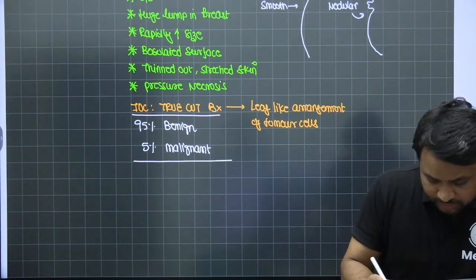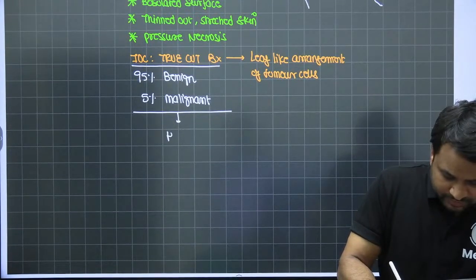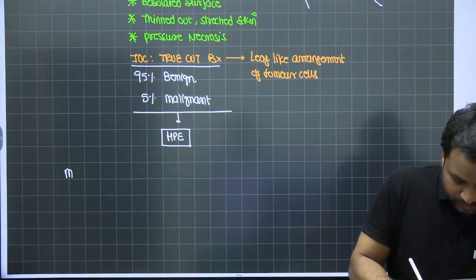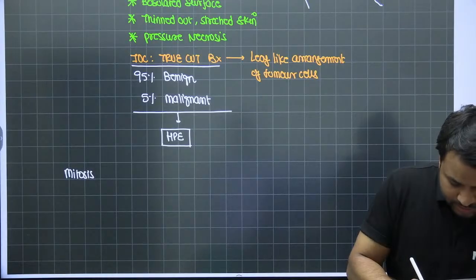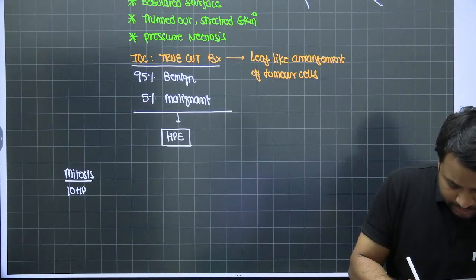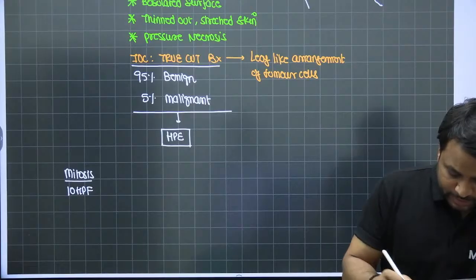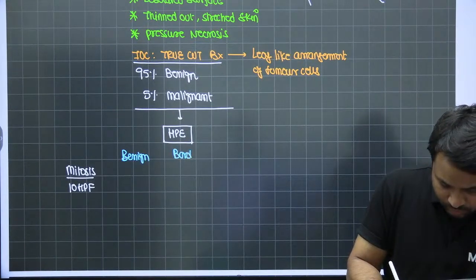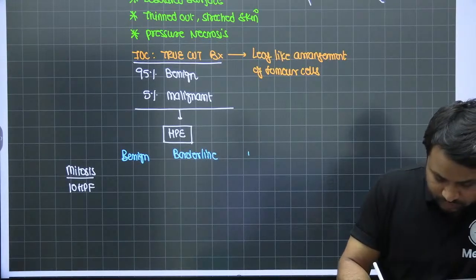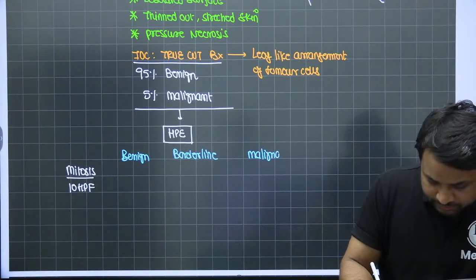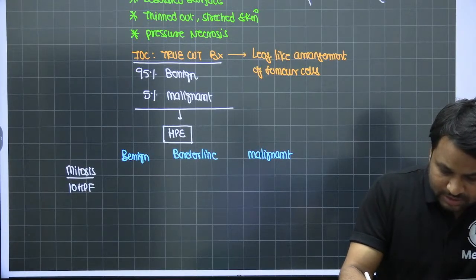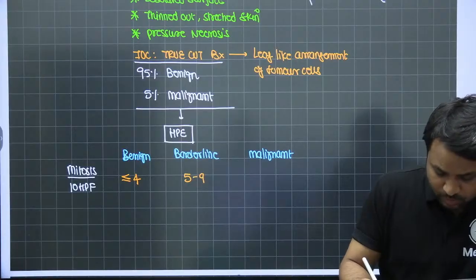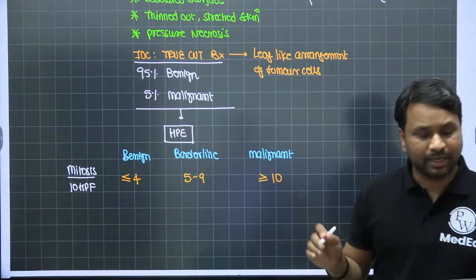On the basis of histopathology, we count the number of mitosis per 10 high power fields to distinguish whether you are looking at benign, borderline, or malignant. If the total mitosis count is less than or equal to 4, it is benign. 5 to 9, it is borderline. More than or equal to 10, it is malignant.